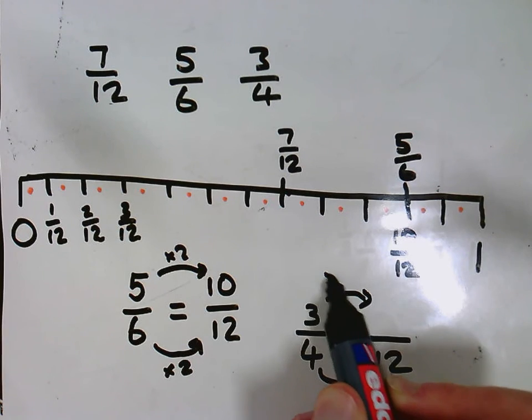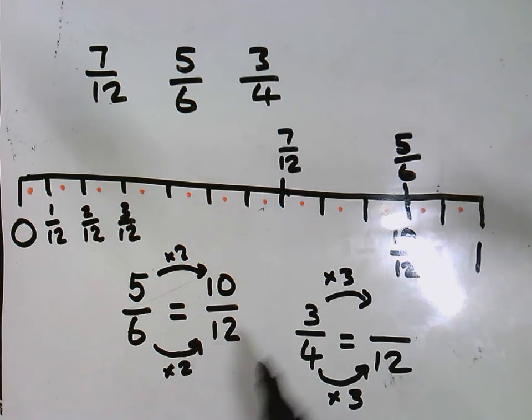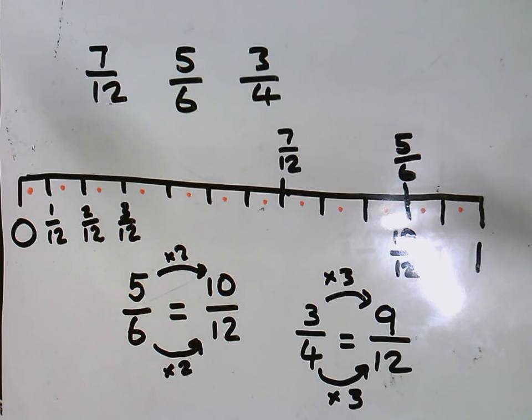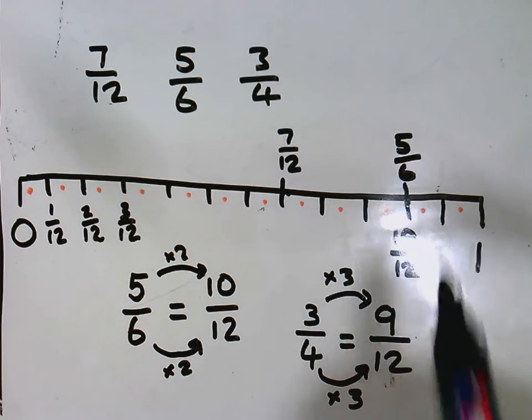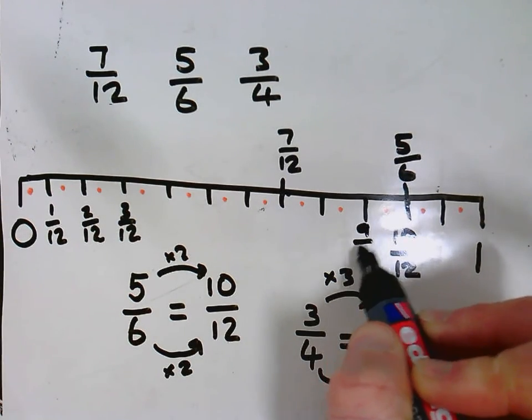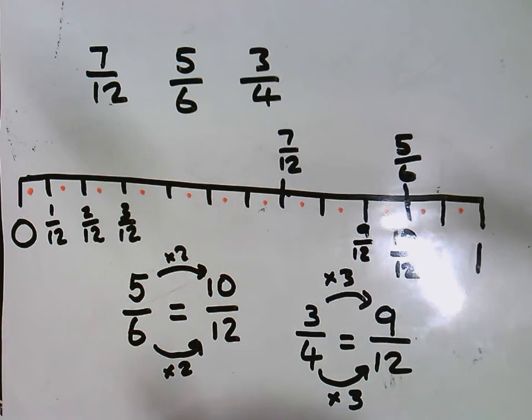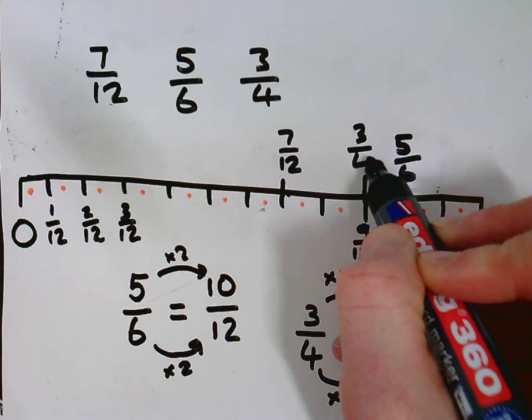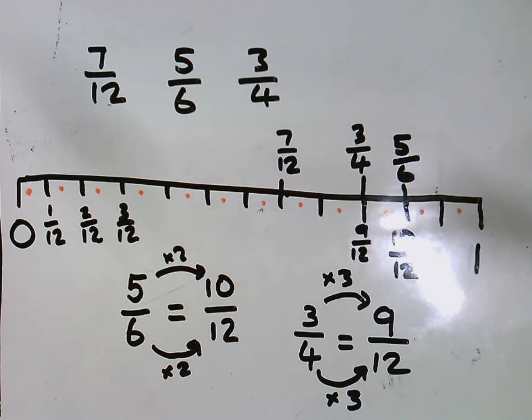We have to do the same to our numerator. So 3 times 3 makes 9. So 3 quarters is equivalent to 9 twelfths. We have to find 9 twelfths on here. That's just 1 less than 10 twelfths. 9 twelfths there. So 3 quarters goes here on my number line.